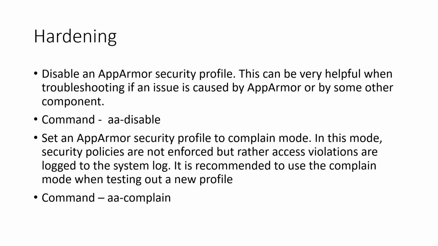In this mode, security policies are not enforced, but rather access violations are logged into the system log. It is recommended to use the complain mode when testing out a new profile. And the command you use for this is aa, all lowercase, dash complain.